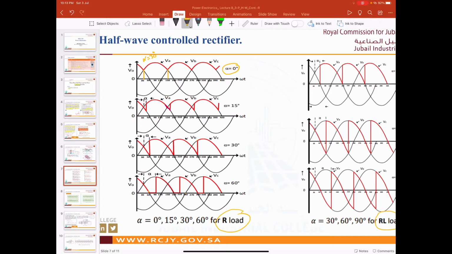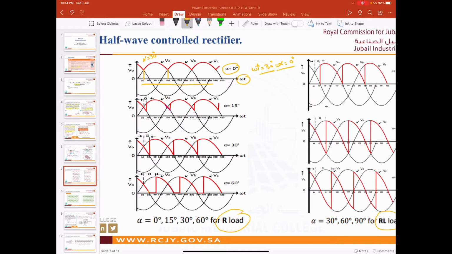Now this is the scale, guys. This scale is for omega t. Now alpha is 0 means when omega t is 30 degrees, then alpha is equal to 0 degree. So when omega t is 30 degree, then alpha is 0.